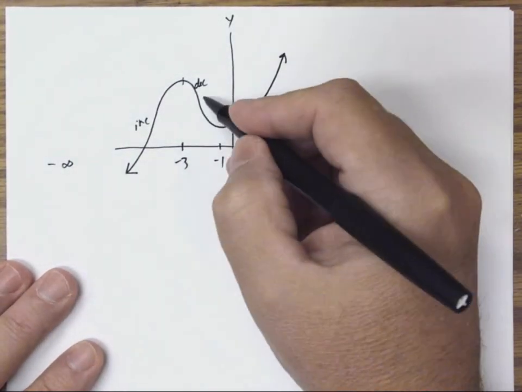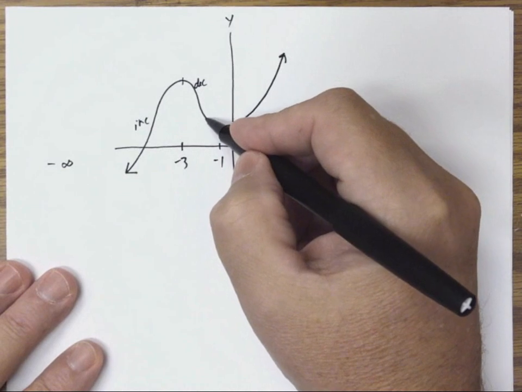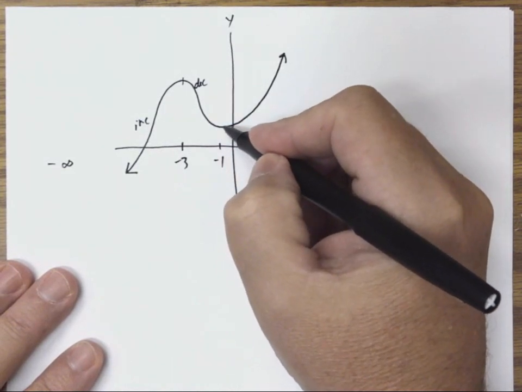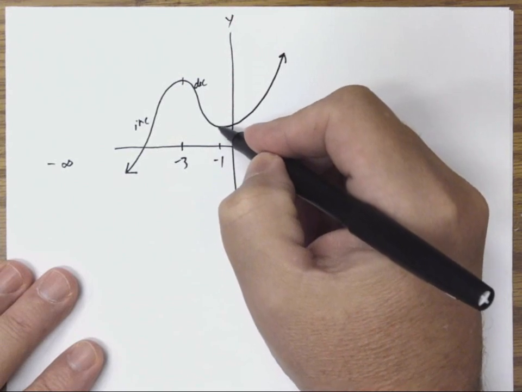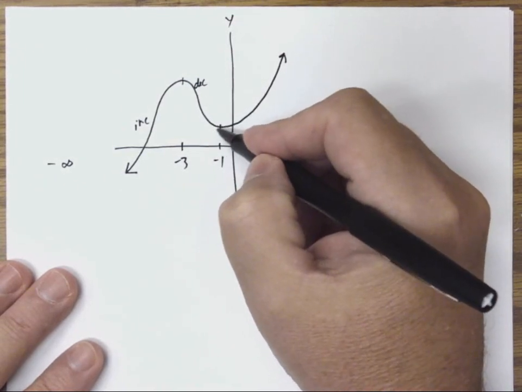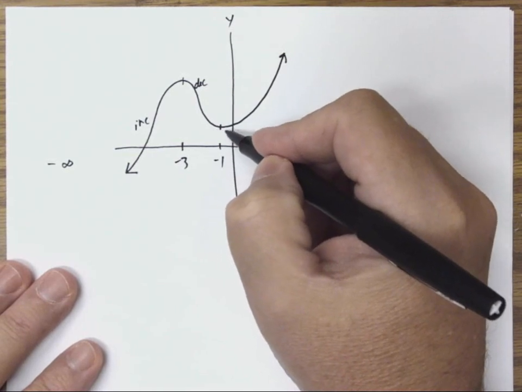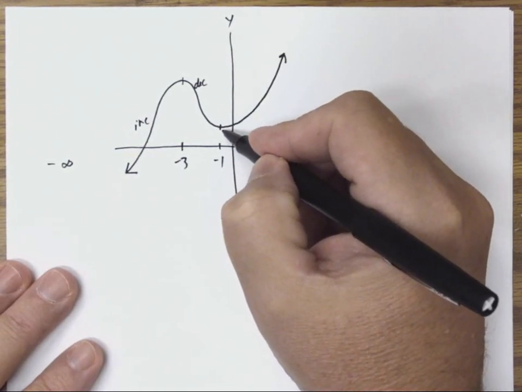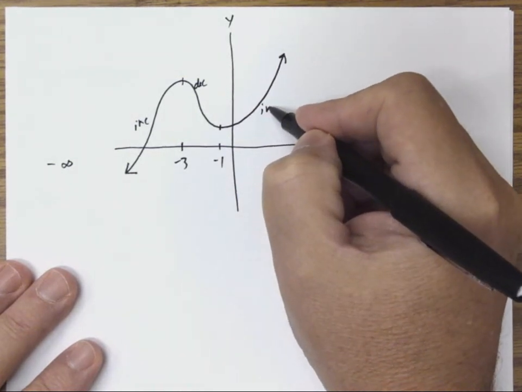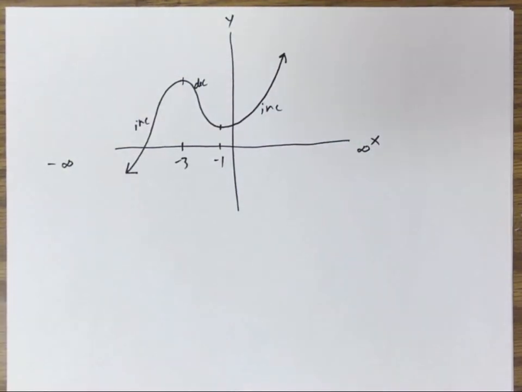So my graph is decreasing, going down until it bottoms out here at what is like a minimum. And just for an instant, it's flat, but then it begins to go back up again, and that becomes a region where it's increasing.